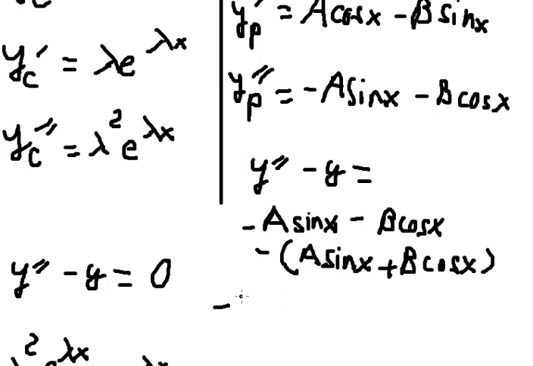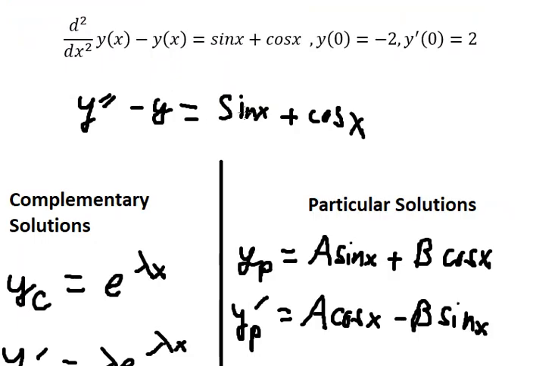So we simplify, we have negative 2a sin x and negative 2b cosine x. But we know that the coefficient next to sin x is 1.